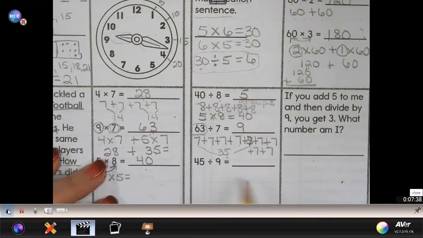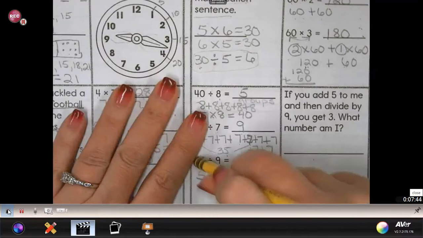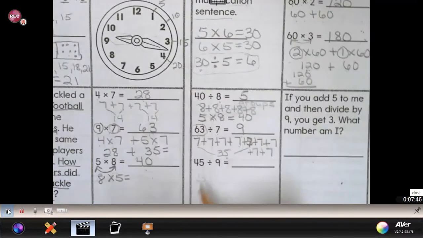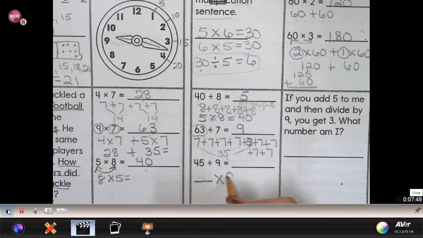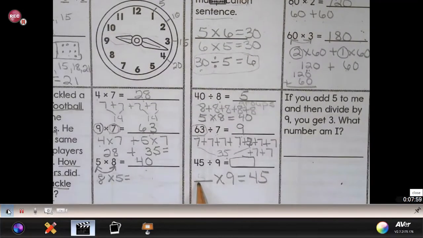And finally, let's think of this as an unknown factor. So let's say I have some groups of 9, which is going to give me 45. Again, if I know my multiplication facts really well, this could be the groups that I'm missing here in my multiplication sentence.